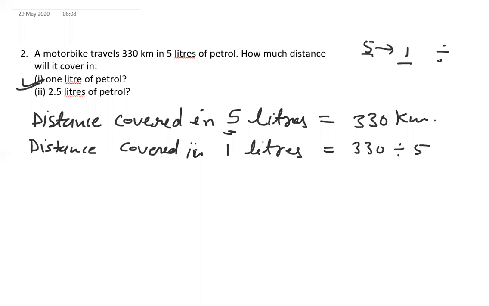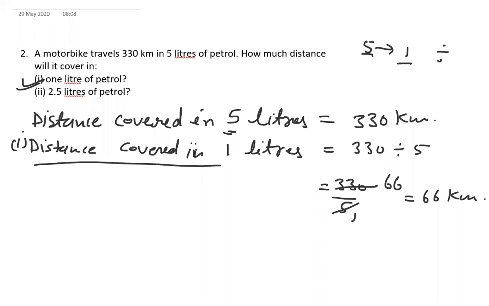So 330 upon 5: 5 ones are 5, 5 sixes are 30. So 66 kilometers. First of all, this is the answer of your first part. So distance covered in 1 liter of petrol is equal to 66 kilometers.